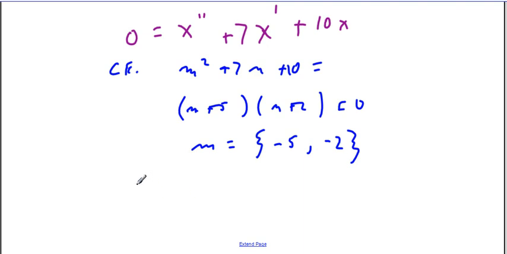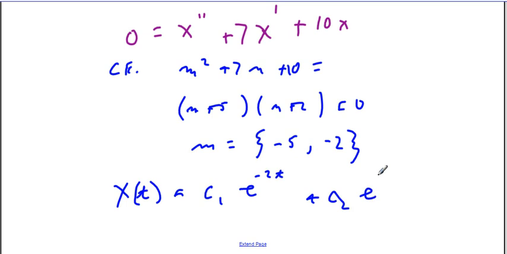So x of t is going to be c1 e to the minus 2t plus c2 e to the minus 5t. Now why did I write it that way? I don't know.